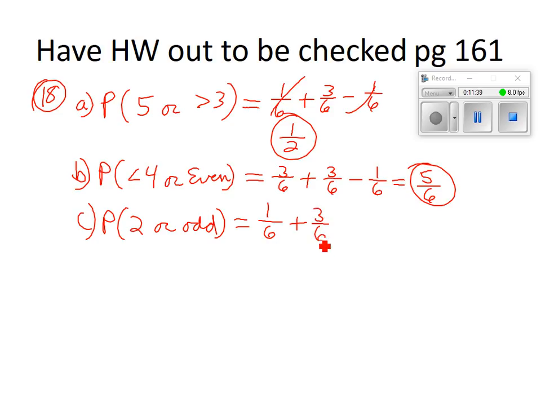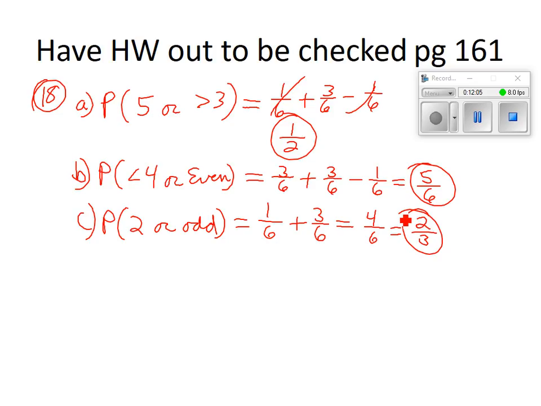Now, this time, do we have to subtract off? Are these events mutually exclusive? Yeah, these are mutually exclusive, so we don't have to subtract this time. What's 1 plus 3? And that reduces to what? 2 out of 3.